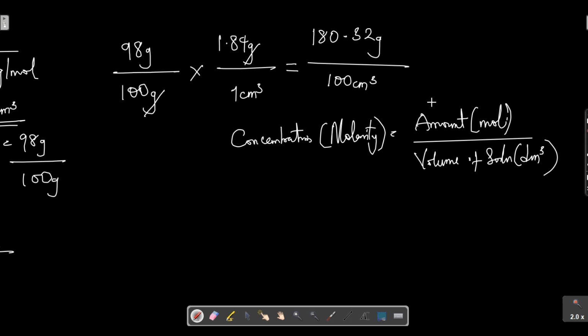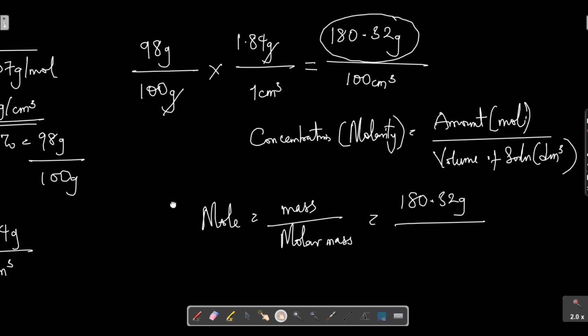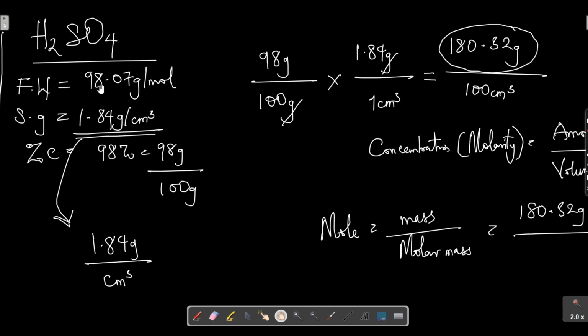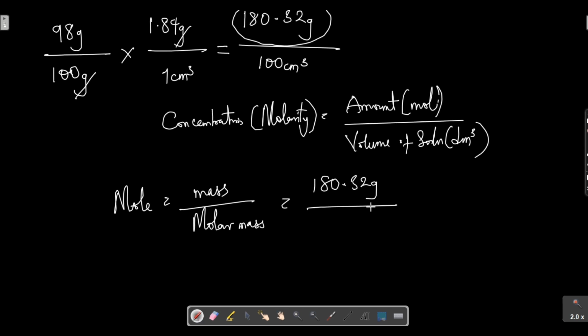So now let's start by calculating amount. Let's convert this 180.32 to amount. Amount, which is mole, is equal to mass over molar mass. The mass we're having there is 180.32 grams over the molar mass, which is the formula weight here, which we have as 98.07 grams per mole.